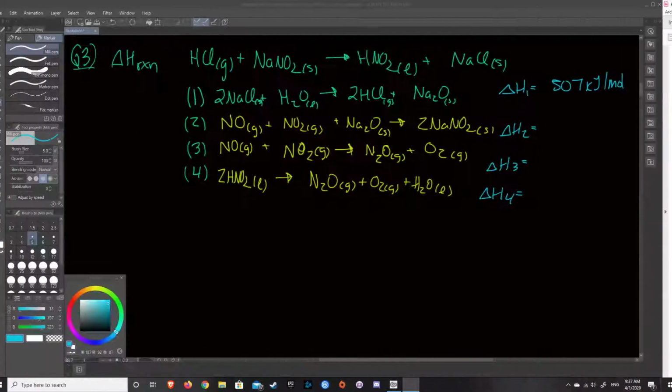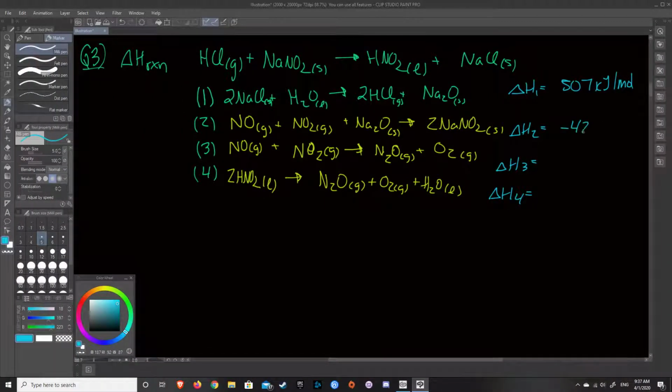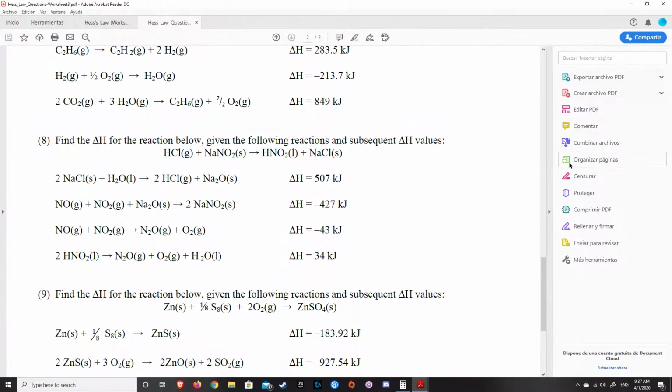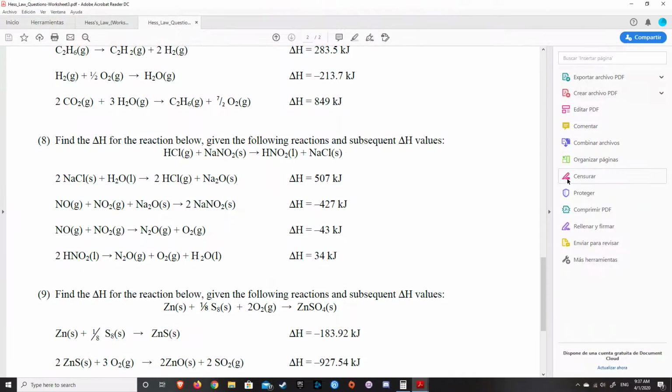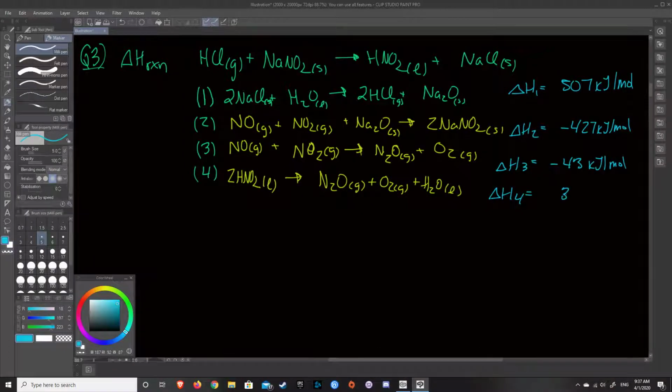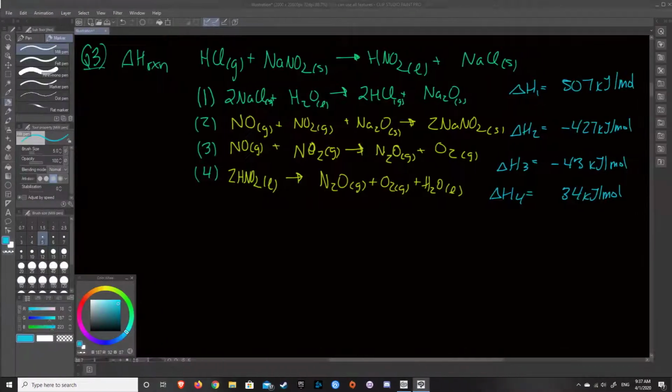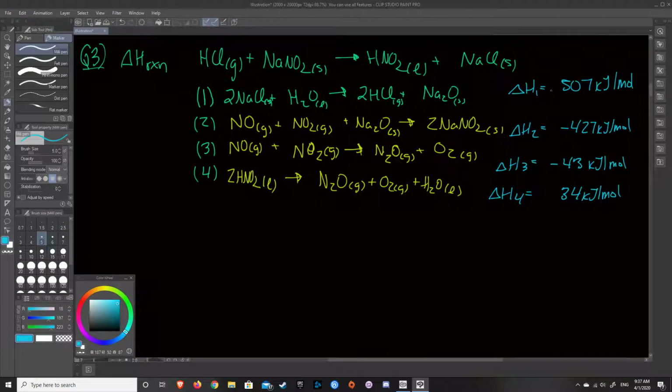Negative 427 kilojoules per mole. Next one is negative 43 kilojoules per mole. And the last one is 34 kilojoules per mole.